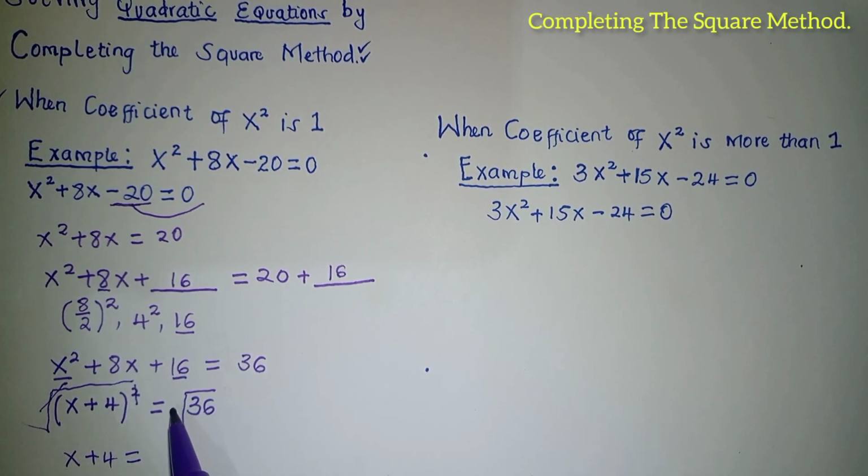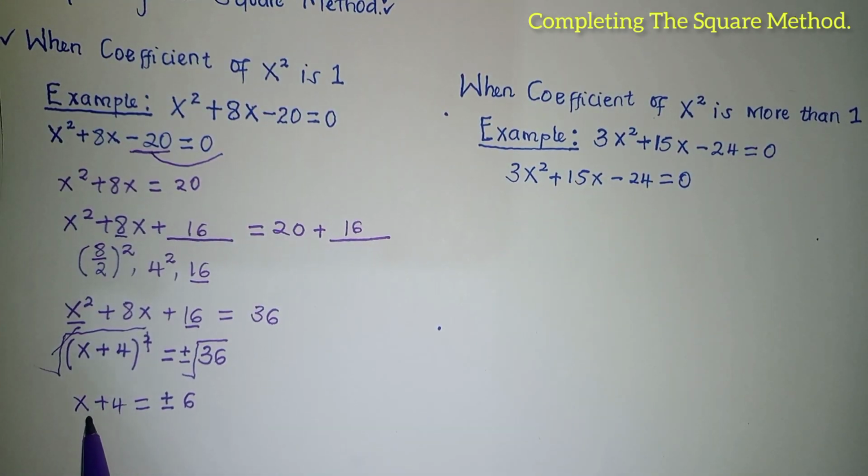When you find the square root of any number, the answer is a positive number and a negative number. So we have plus or minus the square root of 36, which is 6. Now we have x plus 4 is equal to plus or minus 6.